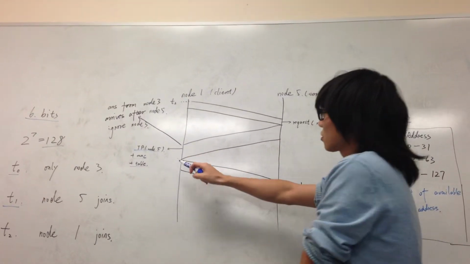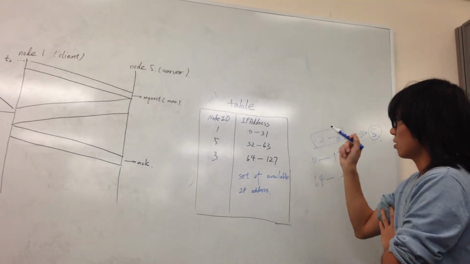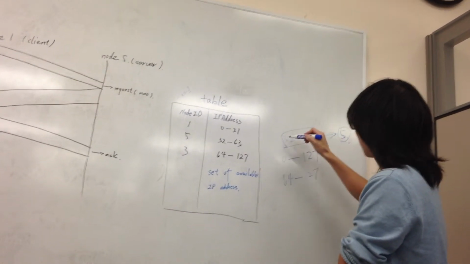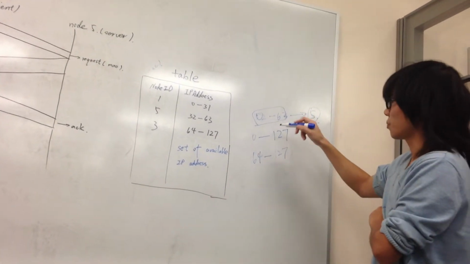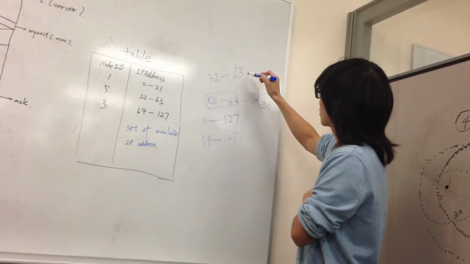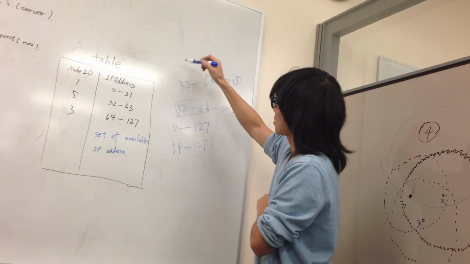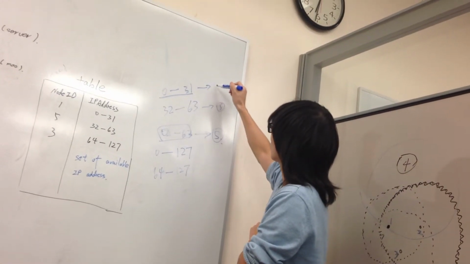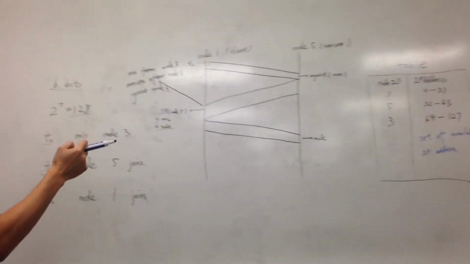Now node 3 will divide its IP address range, which is 0 to 63 as before, but now it just keeps 32 to 63 and gives the rest, 0 to 31, to node 1, which is a binary division actually.